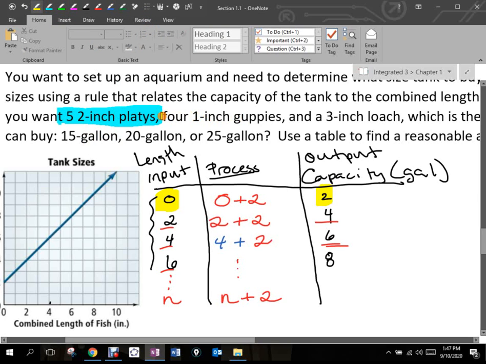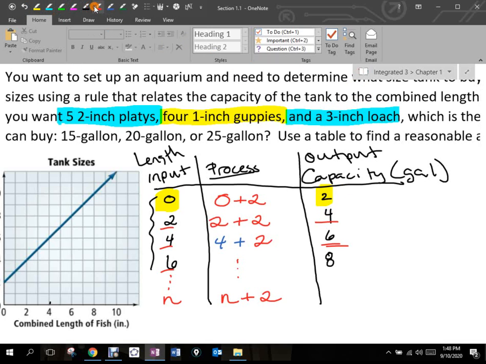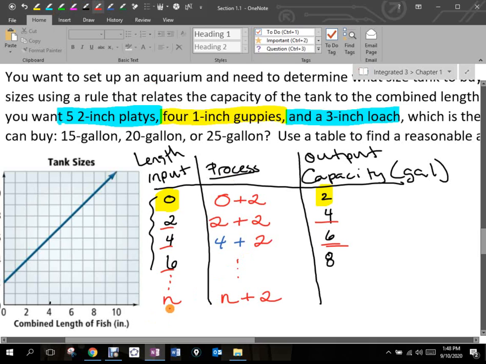We got 10 inches there. There's 4 inches, so we got 4 up to 14. And then 17, right? So 17 is the specific n value that we're looking at for our situation. Does that make sense to everyone?